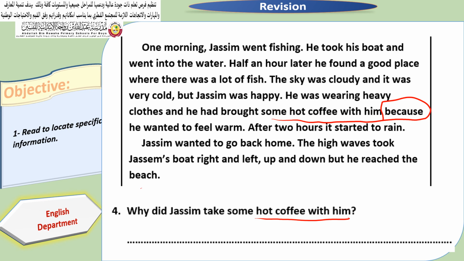To be honest with you, usually the answer for the word why, لماذا, starts with the word because. Usually, not always. So if you find because, it's fine. If you don't find because, you have to look for this phrase. So here, the answer will be: he wanted to feel warm. So this is the answer. We should write it down here.